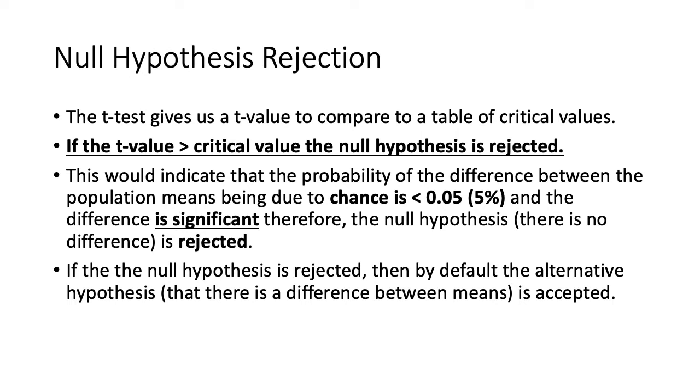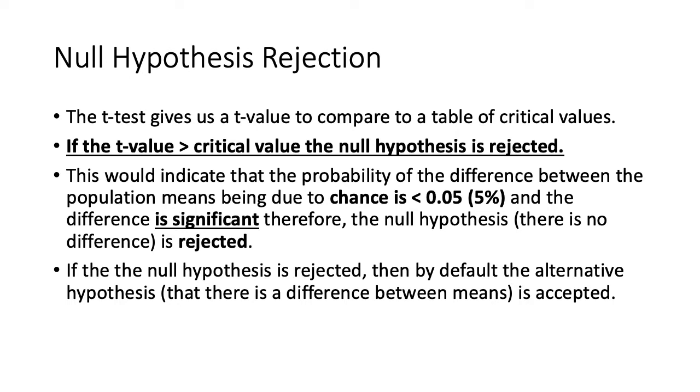But basically, those numbers vary depending on the type of statistical test that you actually do. There are various types of t-tests out there. So if the t-value is greater than the critical value, it tells you that the probability of the difference between the population means being due to chance is less than 5%, and so that difference is significant.